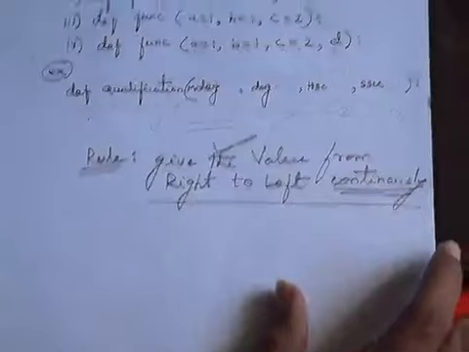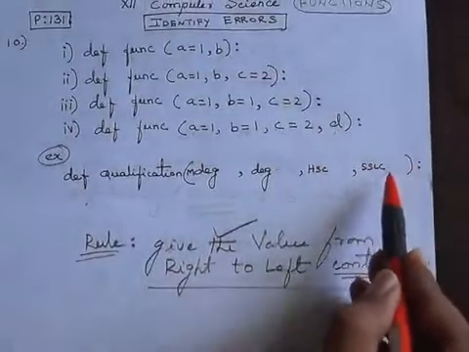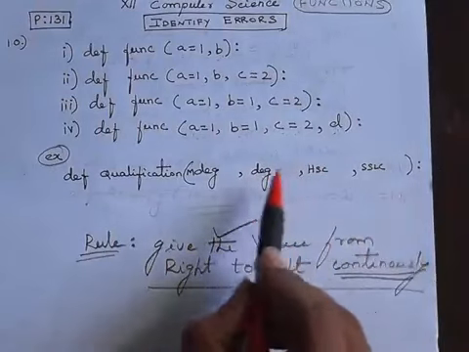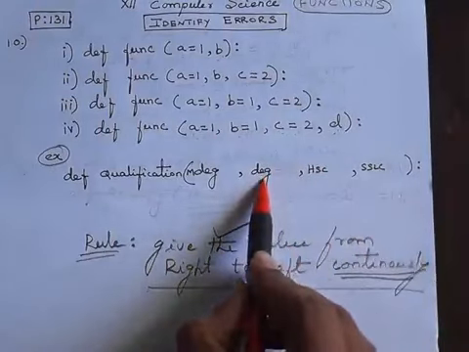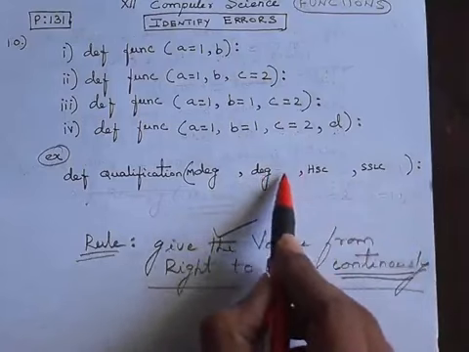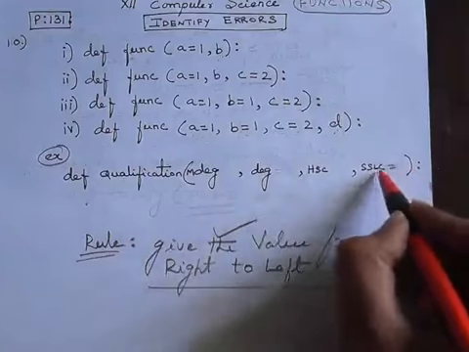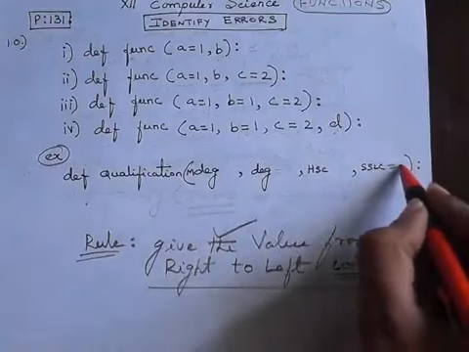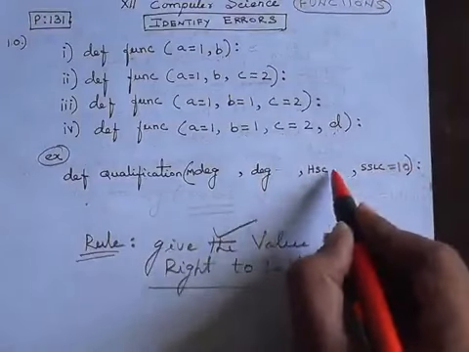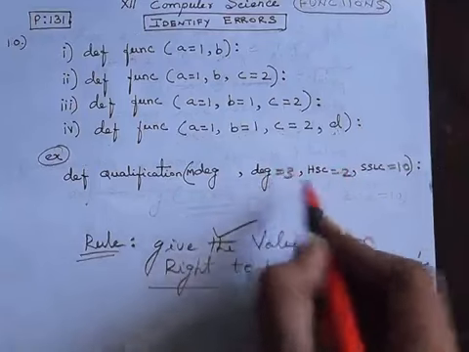Okay, listen. If you want to give value for degree, degree is equal to 3, if you want to give like this, first you have to give value for SSLC. SSLC equal to 10, higher secondary, 11th and 12th, is equal to 2, degree equal to 3.